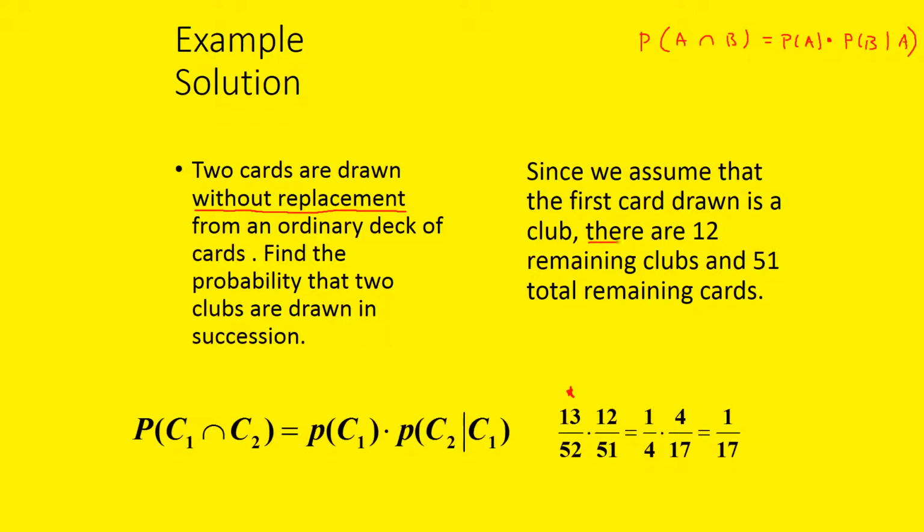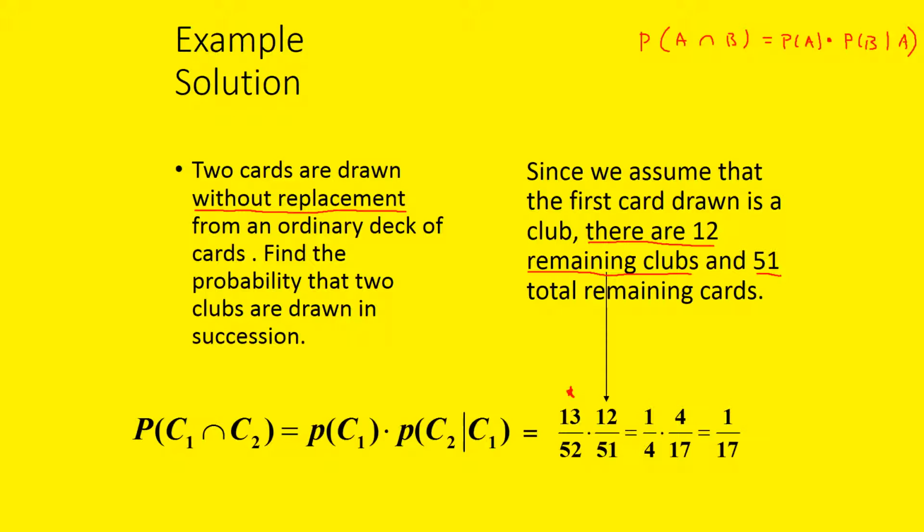There are 12 remaining clubs out of 13, and 51 remaining cards out of 52. So the probability of a club on the second draw, given that you had a club on the first draw, is 12 over 51.